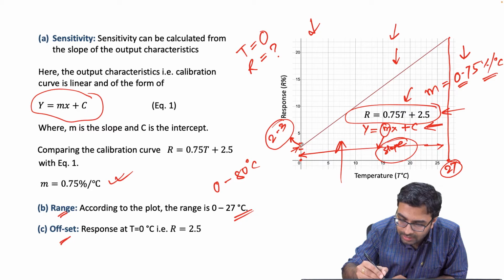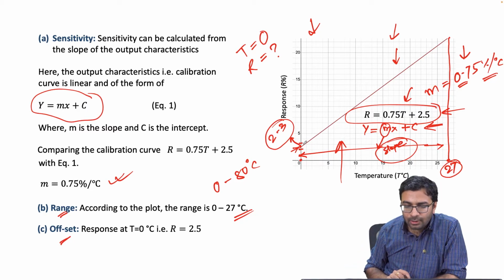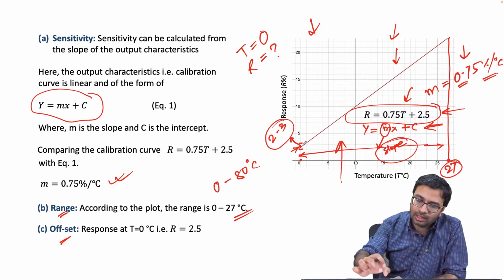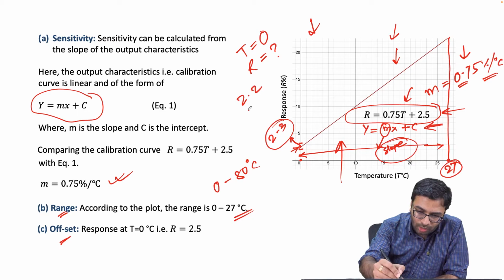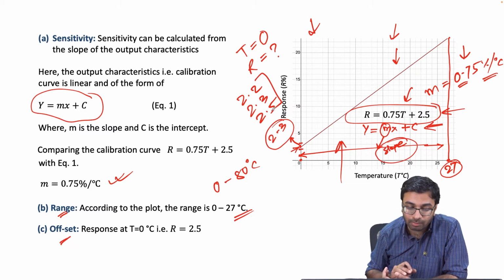But it's very difficult to extract that information from the plot, whether it's 2.2 or 2.3 or 2.5, nobody knows.